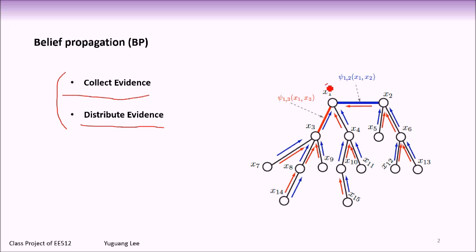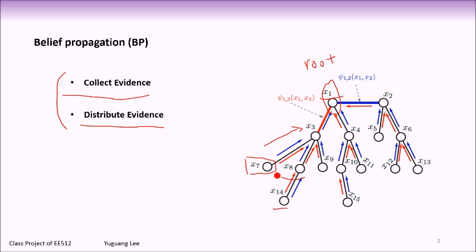Basically, we randomly choose a node as the root, and we send messages starting from all the leaf nodes up to the root, x1. Once the root receives all the messages, it starts to distribute evidence back to the leaf nodes.